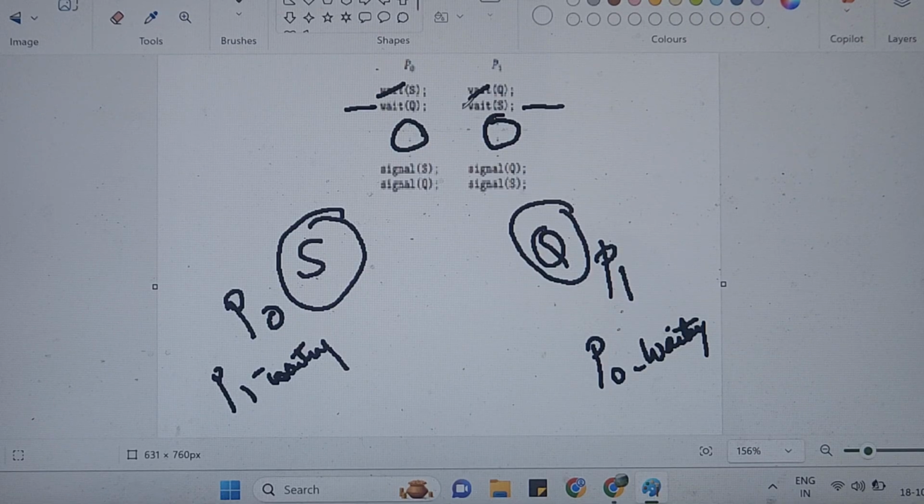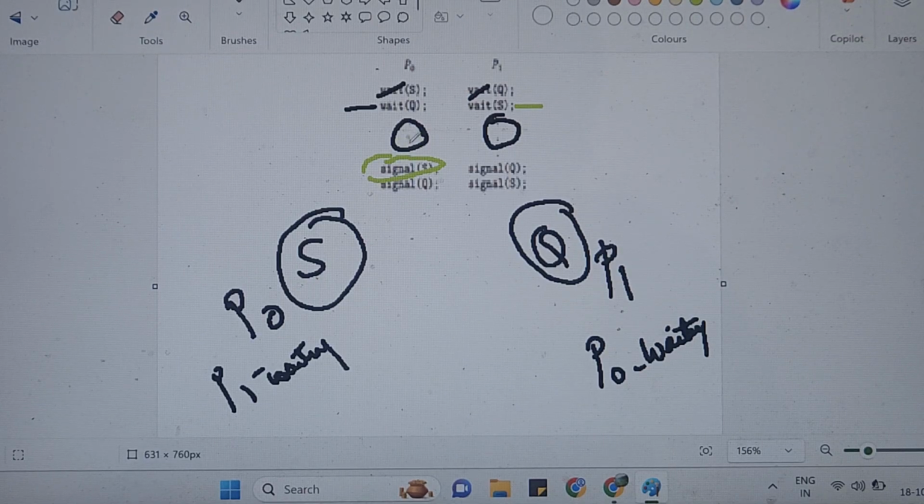So if you want this wait of S to complete, meaning if you want P1 to get access to S, then P0 needs to signal S. For P0 to signal S, it should deal with its critical section and finish it off.